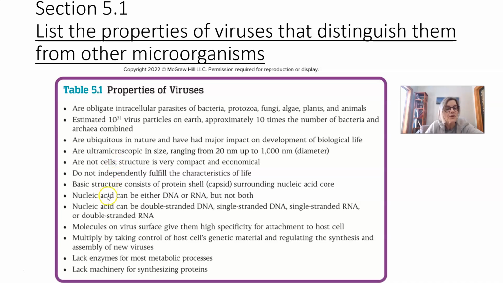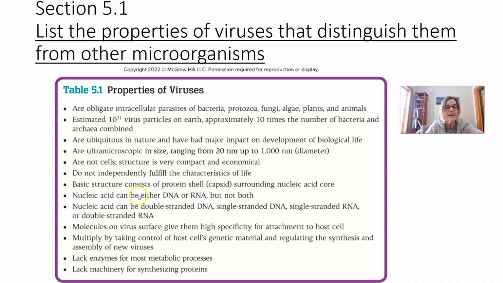We're going to talk about structure, but one of the interesting things about structure is that they have to have nucleic acid in order to have the instructions on how to make the virus. But they have DNA or RNA, but not both. You might remember from other organisms, we have DNA, we make RNA, and that's used to make proteins.